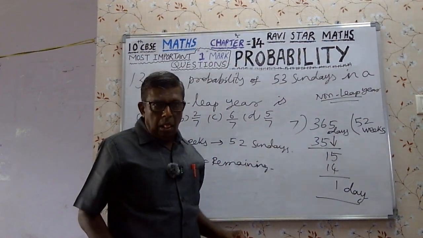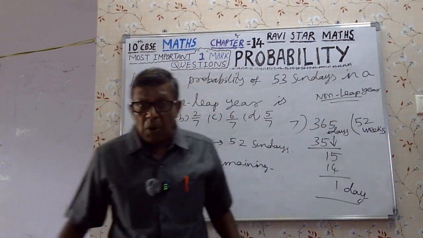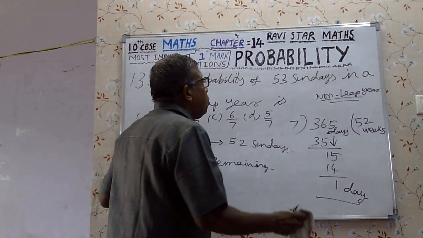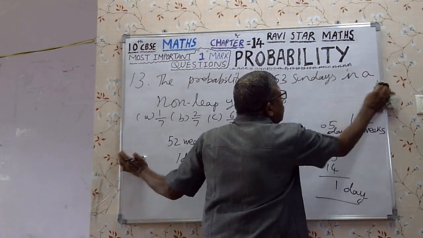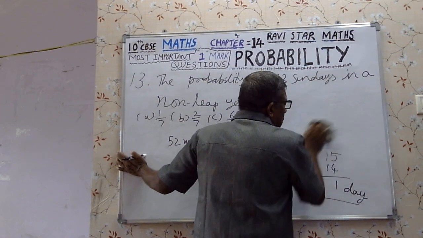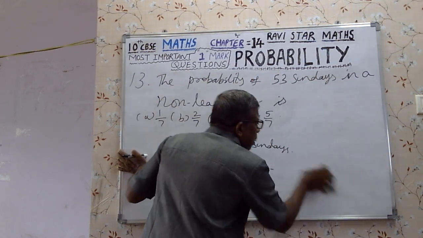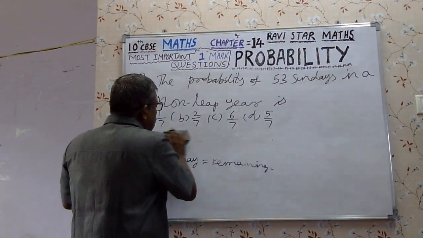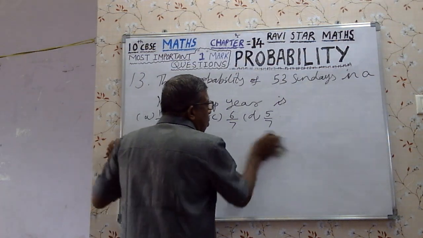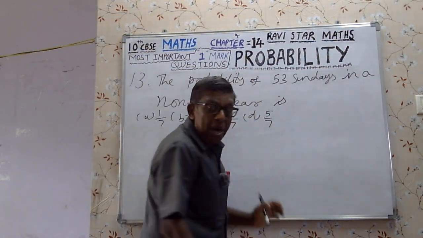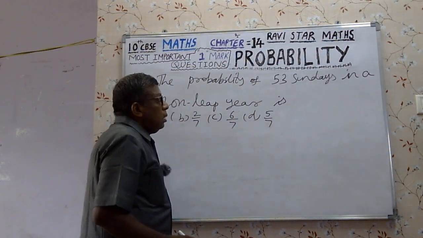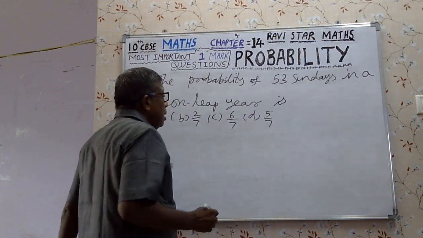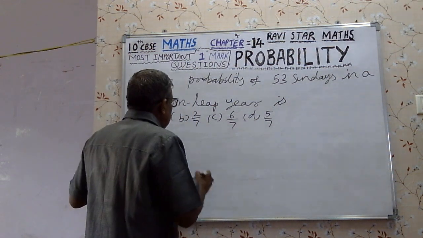Now I am going to write the sample space for 1 day. Our focus is on the 1 day. We are going to do the problem for that 1 day. That is the sample space.